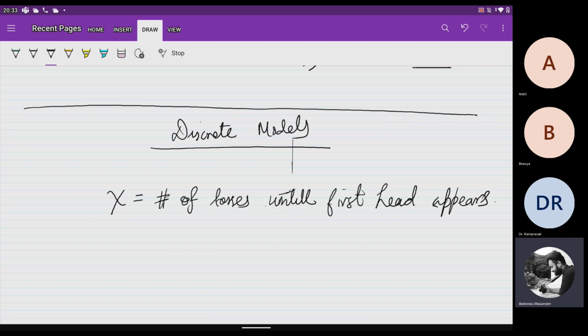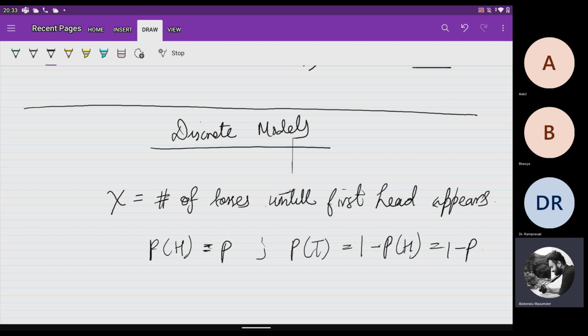Okay. So the random variable x, basically, let's say I am tossing my coin and I want to note down the number of tosses that happened before my first head occurred. And let me denote the probability of head by p, and the probability of tail by 1 minus the probability of head, which is nothing but 1 minus p.